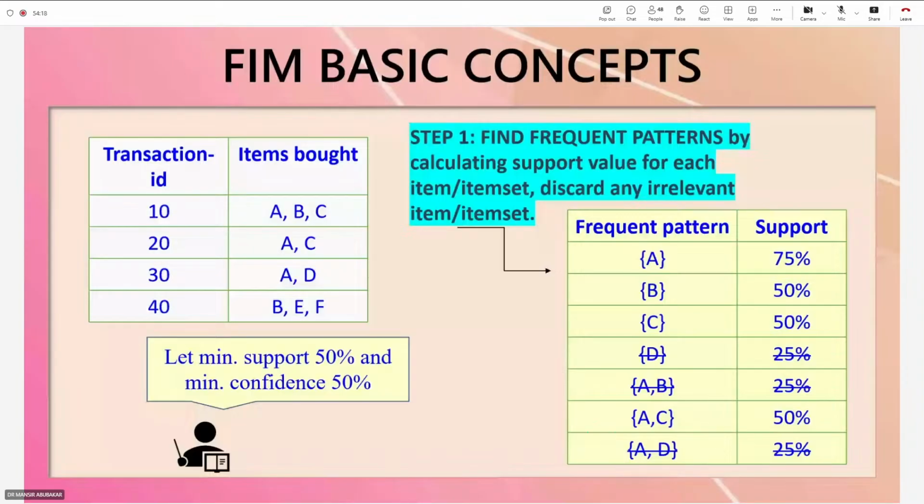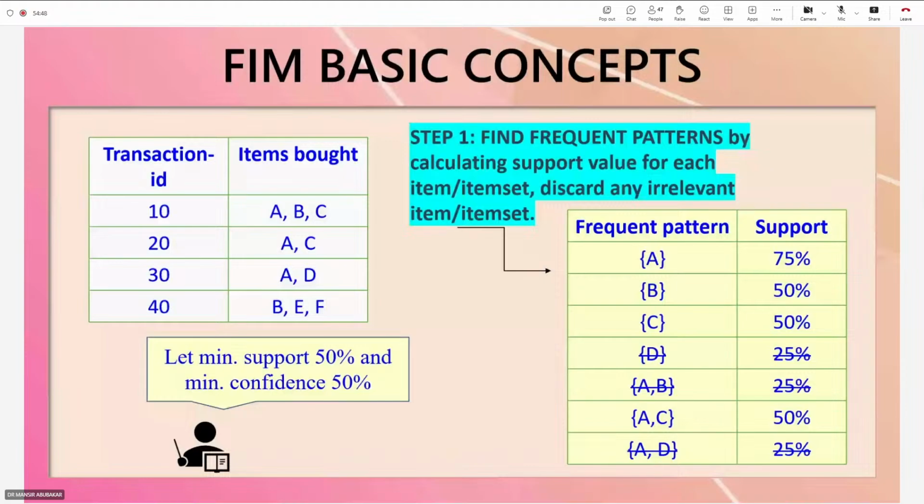Then what of A and D? Here you see that you have only 1 place where we have A and D, which is also amounting to 25%, which is below the minimum support. So that means they are going to be discarded. This is how the frequent pattern is established by calculating the support values with due consideration to the given condition.